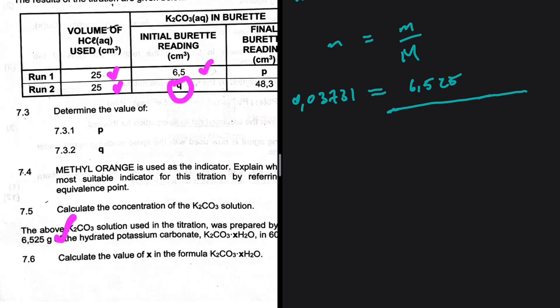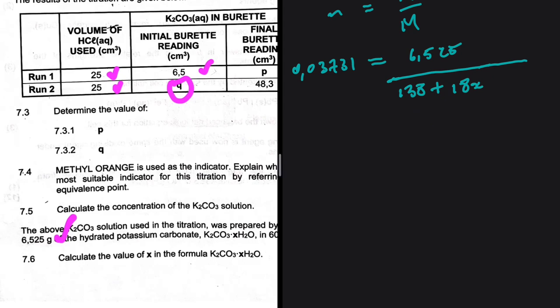Carbon is 12, oxygen is 16, we multiply by 3, and we get 138. So I have 138 plus X multiplied by the molar mass of H2O. So H2O is 1 multiplied by 2 plus 16, 18. So 18x, let's just write this as 18x.